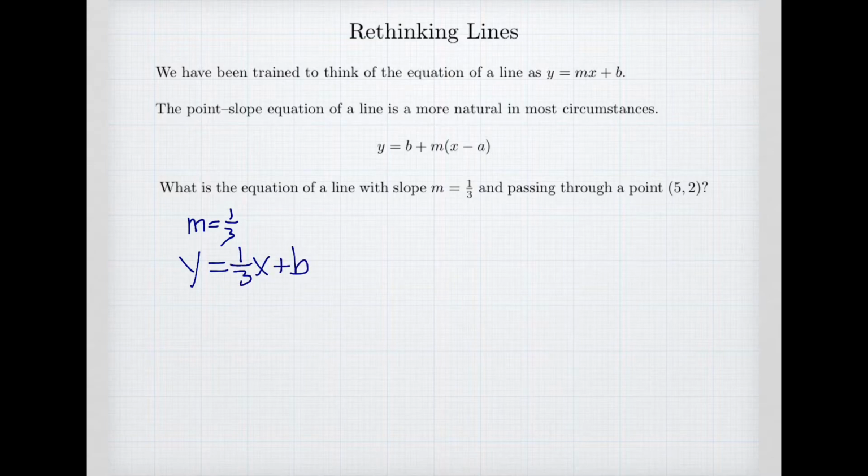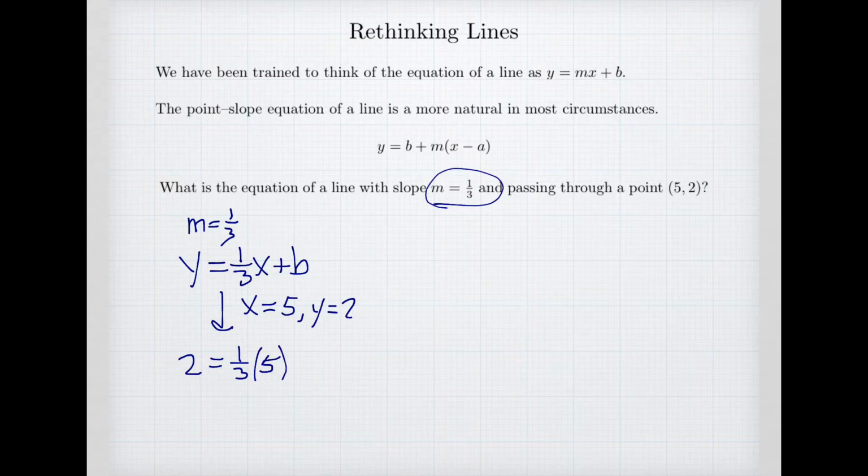That's used the slope, so we've used our slope information, and now we use the point where we say, all right, I know x is 5 and y equals 2, and when I substitute those in, I get a formula that 2 equals 1/3 times 5, that's my x value, plus some unknown.